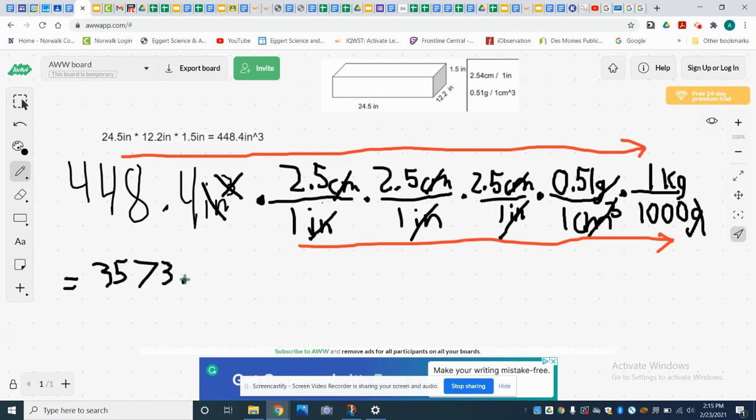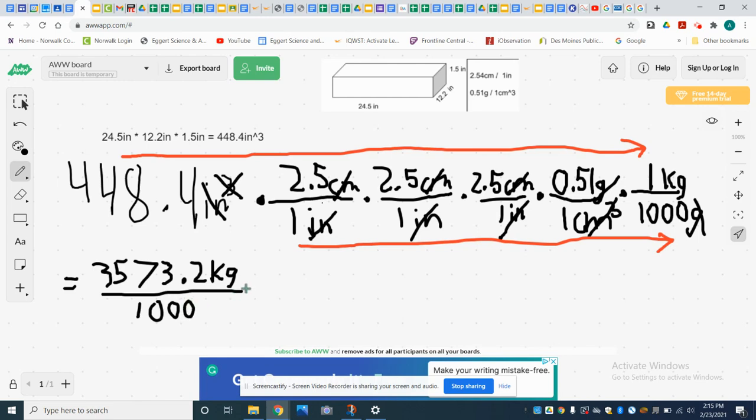And I'm going to go ahead and round it because I got too many decimals here. I'm going to round it to the tens place, since that's what we started at up here with the 448. But now you need to multiply the denominator. So 1 times 1 times 1 times 1 times 1,000 is 1,000. And it's a naked number because the units got canceled.